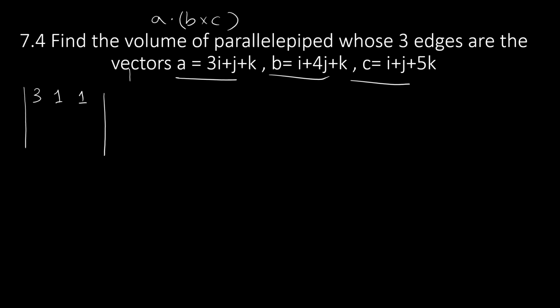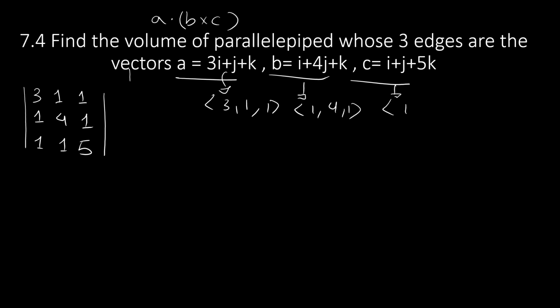So 1, 4, 1, and then the vector C, 1, 1, 5. You see, right? These can be written as 3, 1, 1, and 1, 4, 1, and 1, 1, 5. So these are the vectors that I wrote here. Okay, now let's move on to the next step.